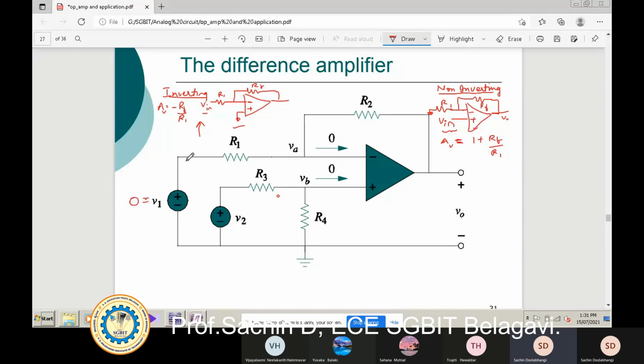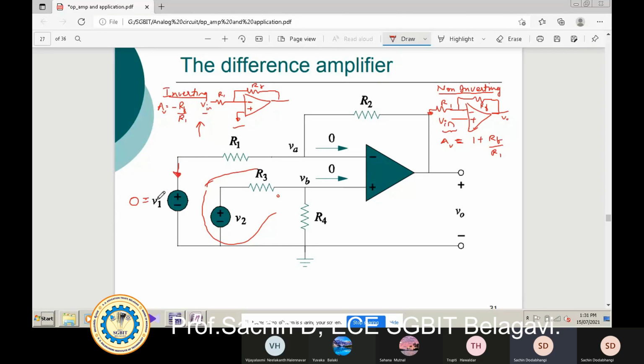In this part of the circuit, V2 is applied to the non-inverting terminal. V1 being 0 means it is connected to ground. You can see this R1 is connected to ground.